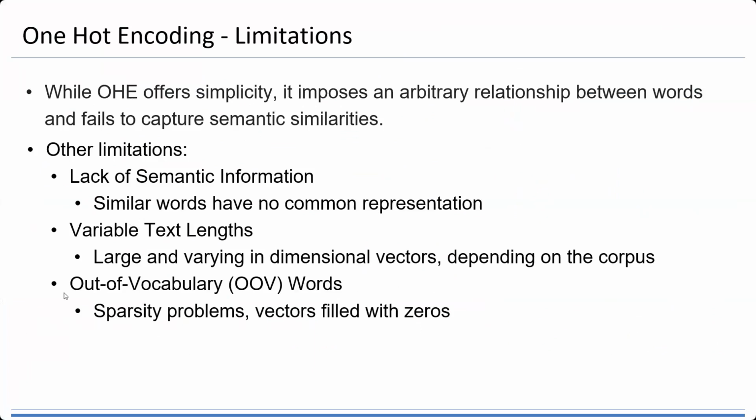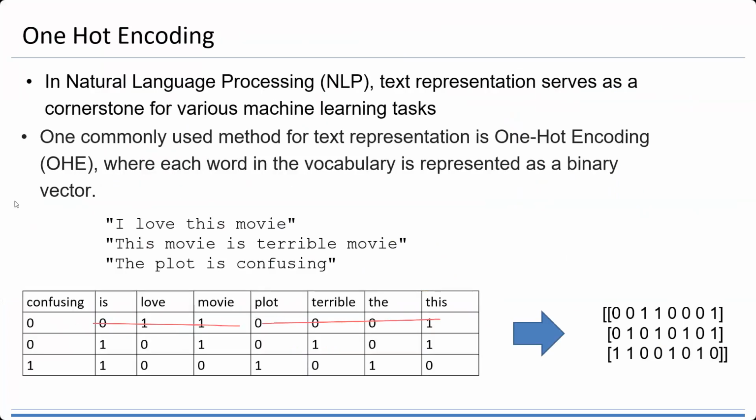And there are out-of-vocabulary words, which we call OOV. OOV is related to the sparsity problem, vectors filled with zeros. If you look at the example, there are many zeros.